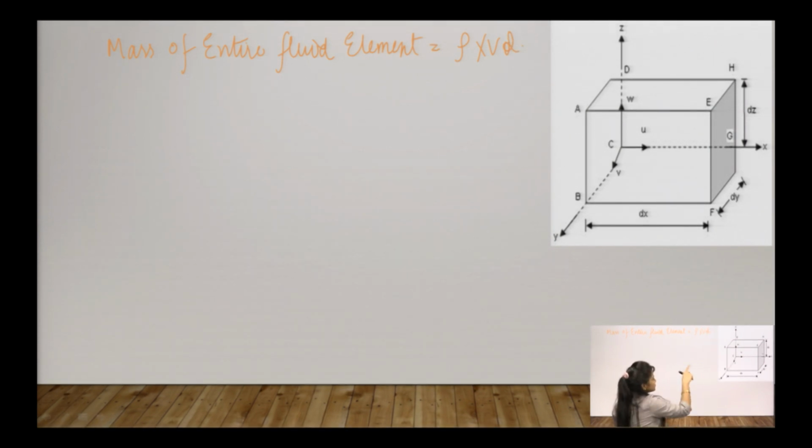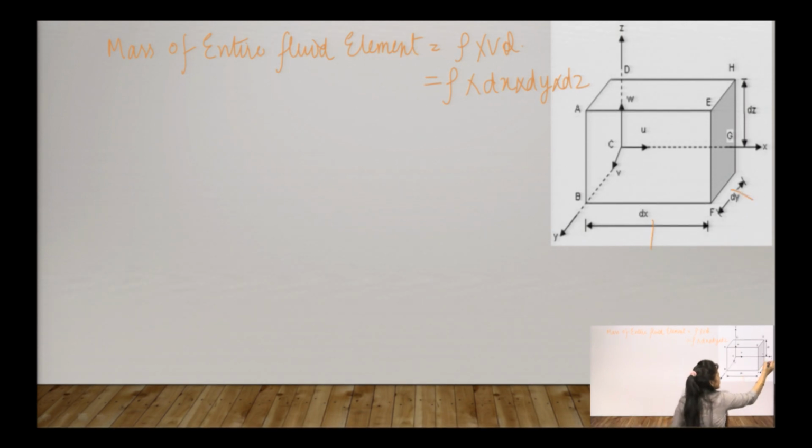Now, coming to the volume of the element as a whole, at the beginning of the derivation we have seen that dx, dy, dz we have taken as the lengths of this cuboidal section in the corresponding directions x, y and z. So, the entire mass will be density into the volume dx, dy, dz. They are nothing but the lengths in x, y and z direction. This is the mass.